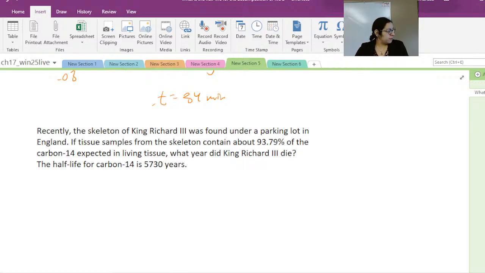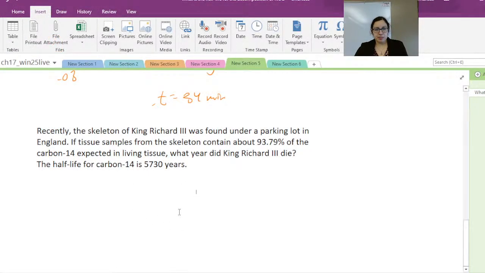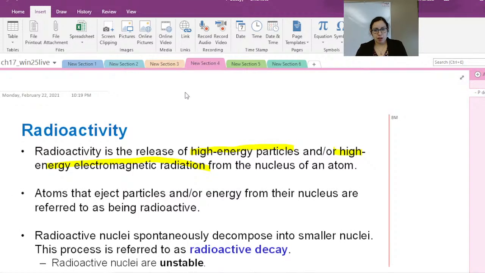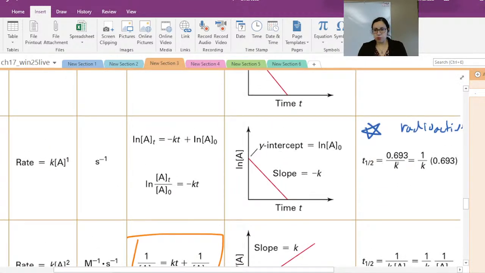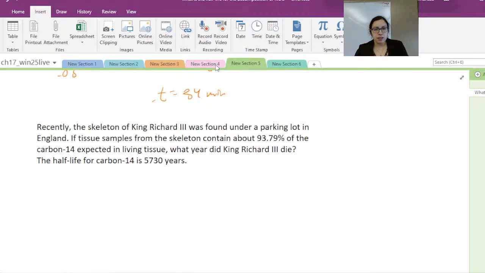All right, so what do we find with our little sample problem here? Roughly what you would be doing. And like I had mentioned, treat most half-life problems as first order when we're talking about radioactive decay. Running out of time.